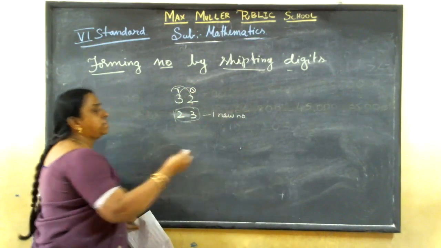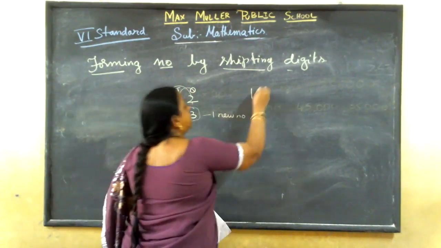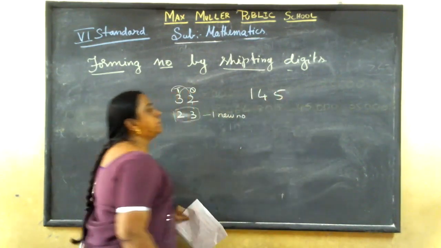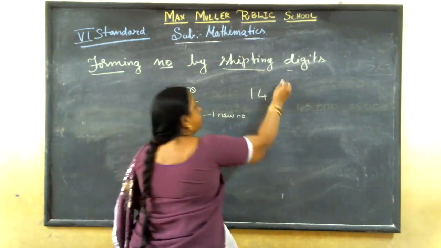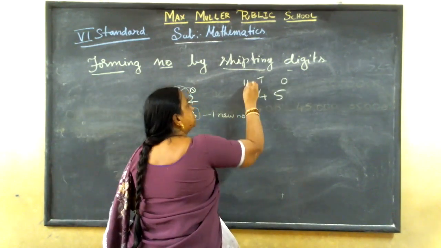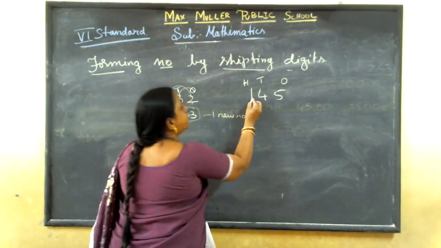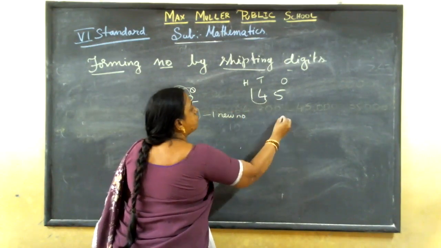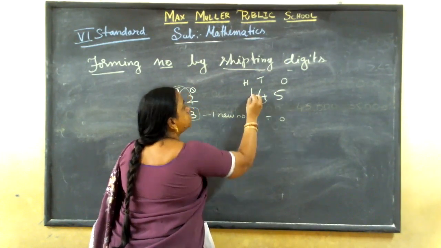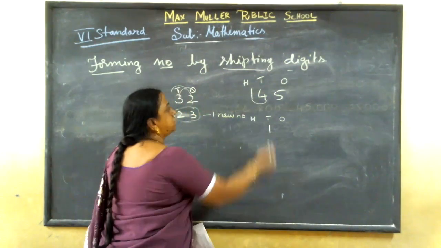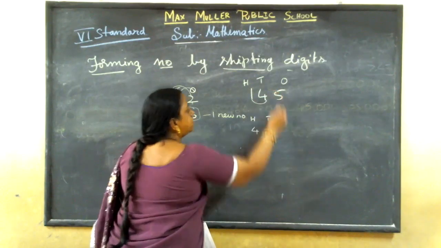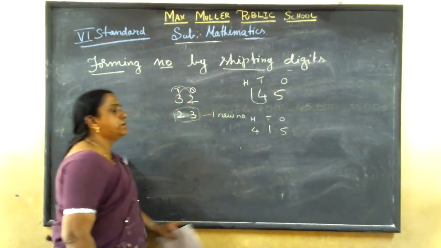But if I take three digits, for example, 145. 5 is in ones place, 4 is in tens place, 1 is in hundreds place. If I shift, I will take 1 in tens place, 4 in hundreds place, then 5 in ones place. So we got 450.